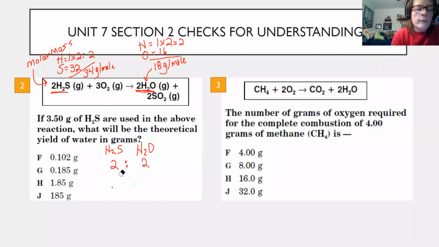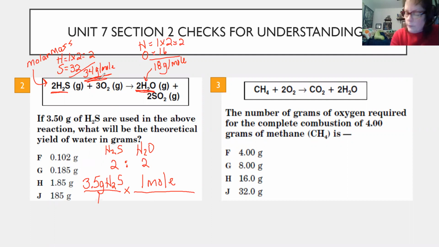Actually, let me erase this. So let's convert our grams to moles. 3.5 grams of H2S. 1 mole is equal to, we just calculated it, 34 grams of H2S.